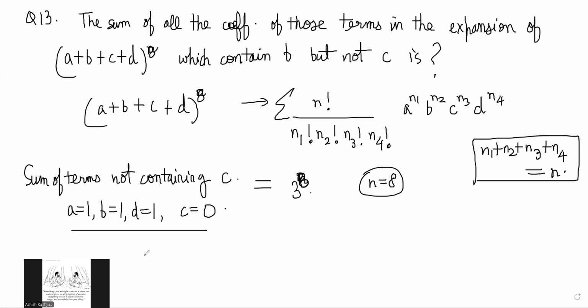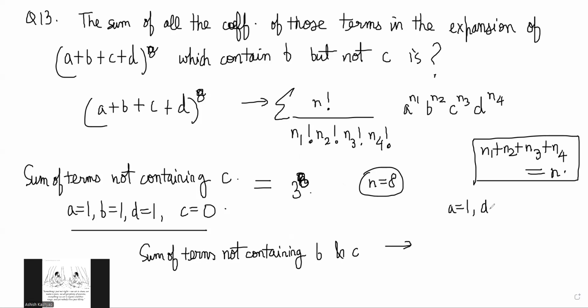Now, similar logic, if you follow, the sum of terms not containing b and c. If you try to find that, in order to do that, you would have to put a as 1, d as 1, and b and c both 0. So you will get 2 power 8 there, right?